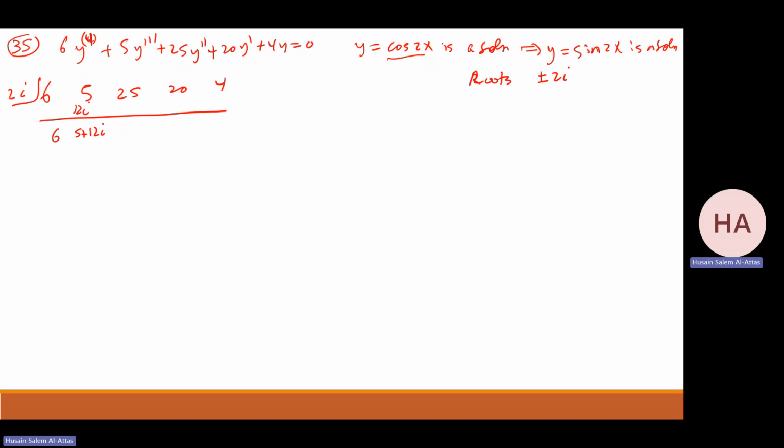I have minus 24 plus 12i times 2i is 24i squared, which is minus 24 plus 10i. That will be 1 plus 10i. Multiply now. I have minus 20 plus 2i. That gives me minus 4. This is what I'm looking for.